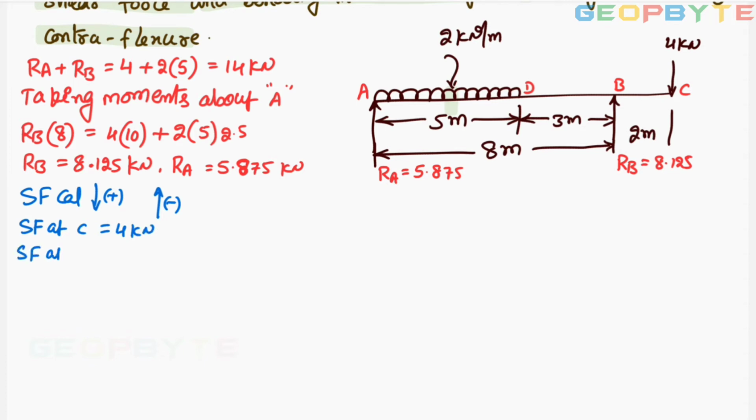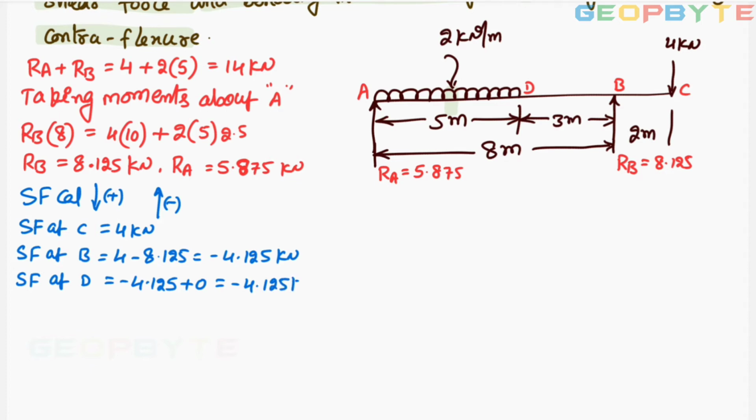Shear force at B, already 4 is there, minus 8.125 because at B it is upward force, equal to minus 4.125 kilonewtons. Shear force at D, already minus 4.125 kilonewtons is there, but at D there is no load, plus 0, equal to minus 4.125 kilonewtons.